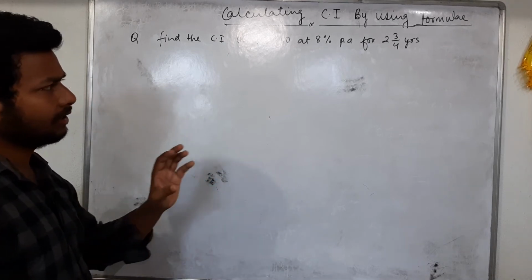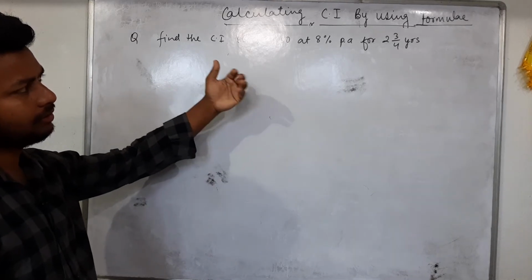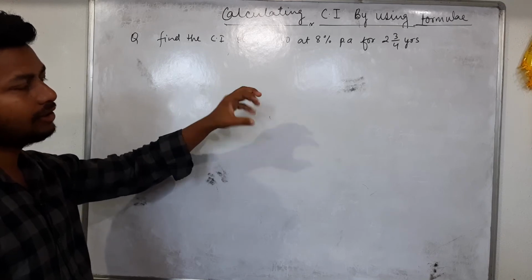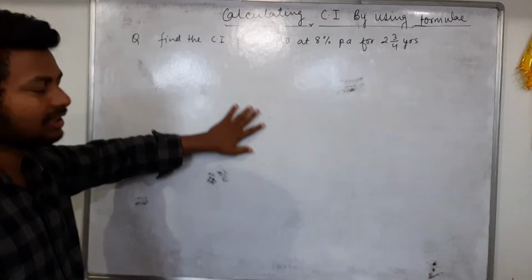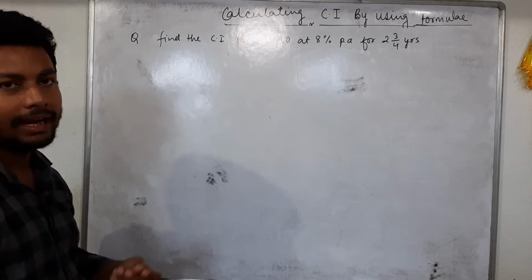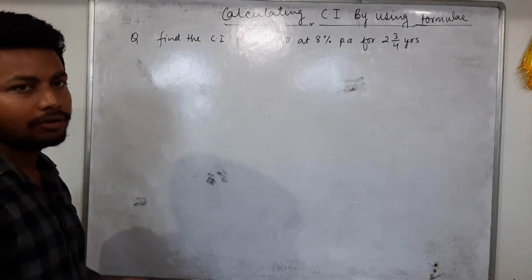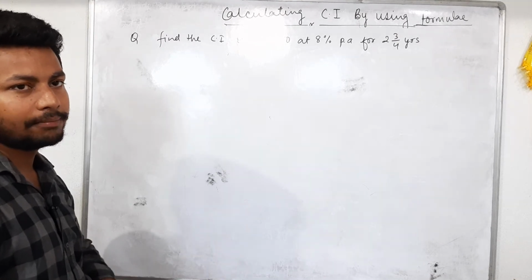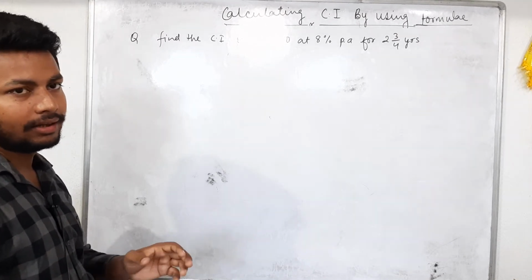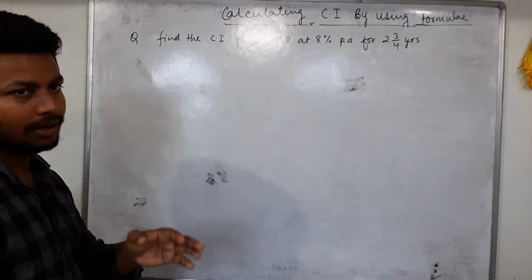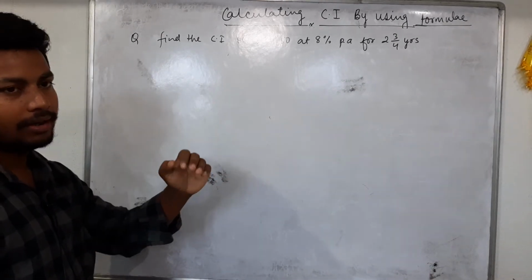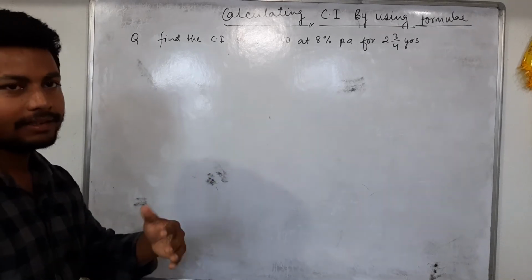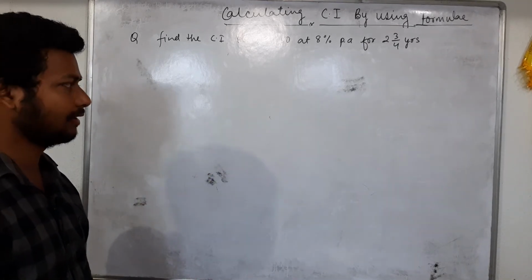Then in this question there is a fraction part, a fraction in the time period. So we will use case number 3. Whenever time is in fraction we use the third formula, that is amount is equal to principal into 1 plus rate by 100 to the power whole number into 1 plus the fraction part multiplied with rate divided by 100.